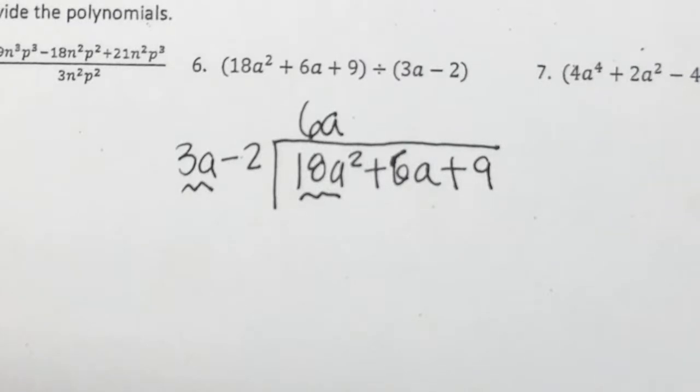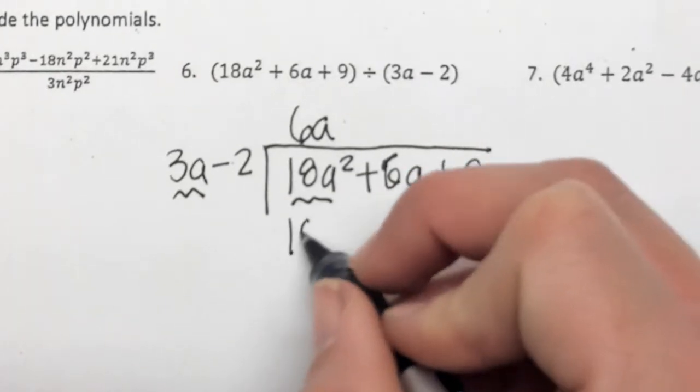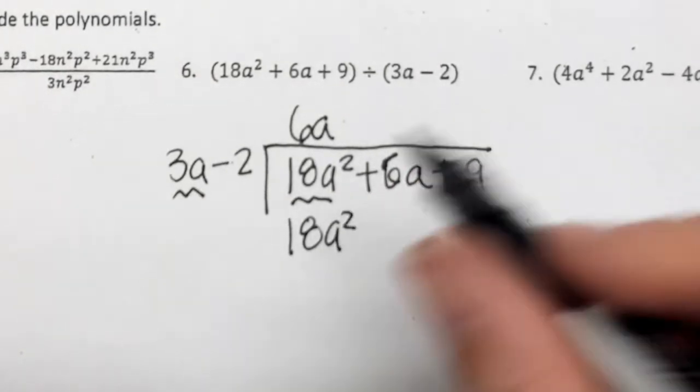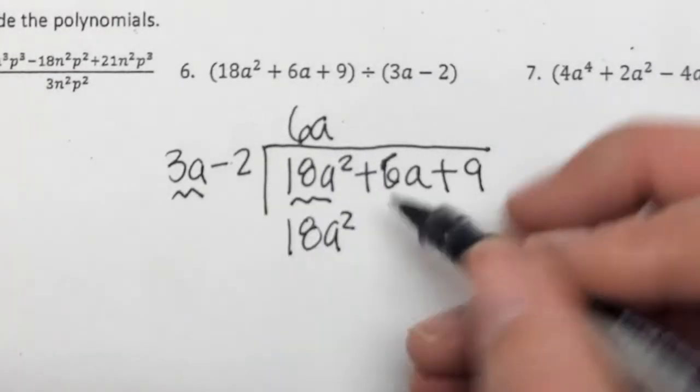Alright, now, Bryant, what do I need to do from here? You subtract from 18a. What do I subtract from it? 3a times 6a. Yeah, so what's 6a times 3a? 18a squared. And we also have to multiply the 6a by what? Negative. And that's going to make what?